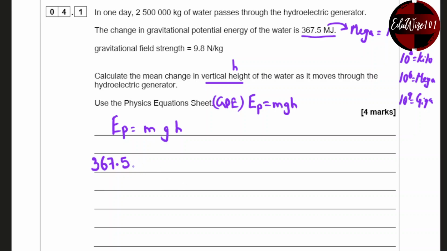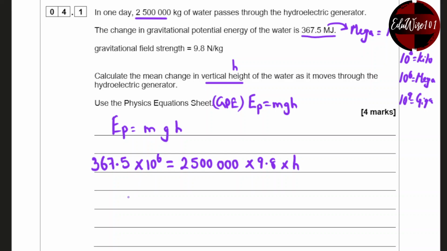Instead of writing it as megajoules, I'm just simply going to write 10 to the power 6 equals. I don't have to convert it, just to avoid making mistakes. And the mass is 2,500,000, same as the way they have given it above, multiplied by 9.8 times the height.